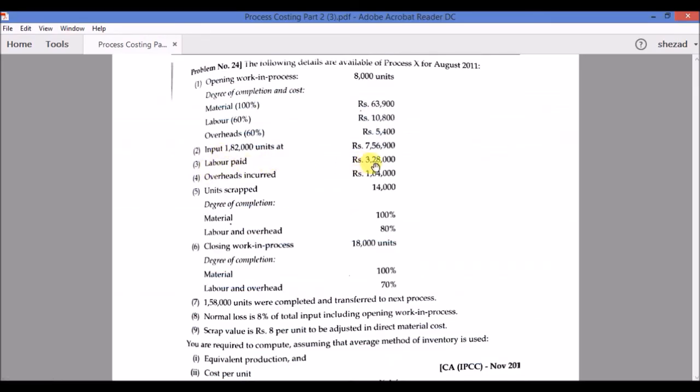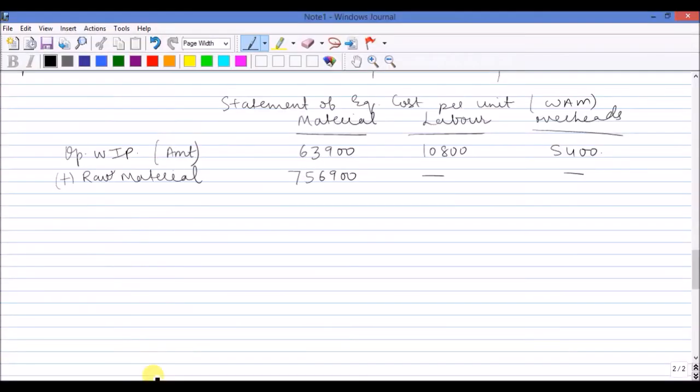Then the labor paid is 3,28,000. All the expenses, friends, I am going to add.